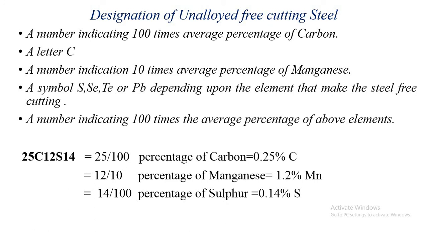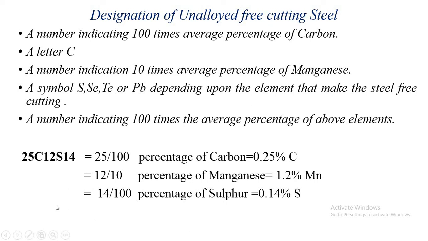Designation of unalloyed free cutting steel: a number indicating 100 times the average percentage of carbon, a letter C, a number indicating 10 times the average percentage of manganese, a symbol of the elements which make the steel free cutting, and a number indicating 100 times the average percentage of the above elements.